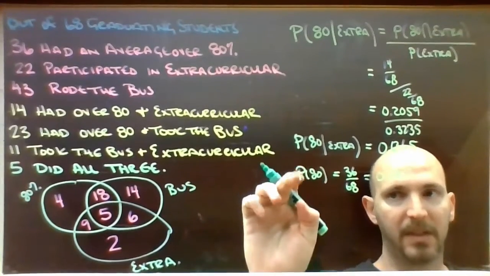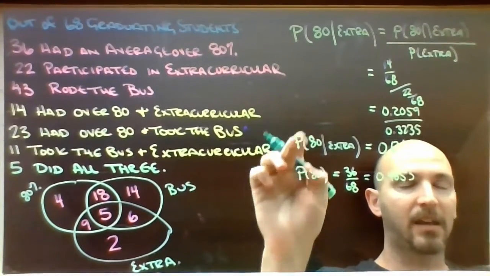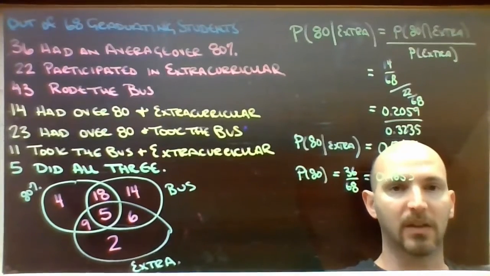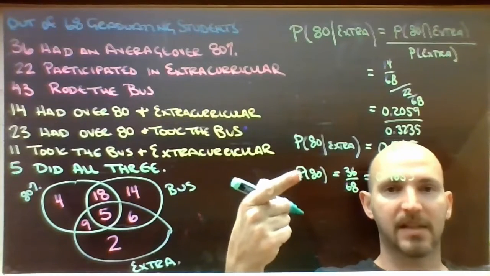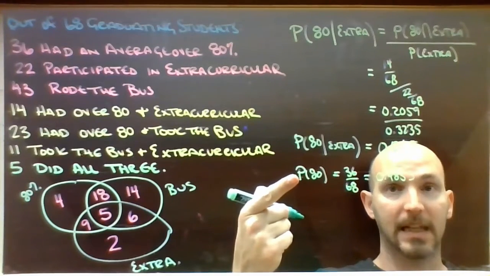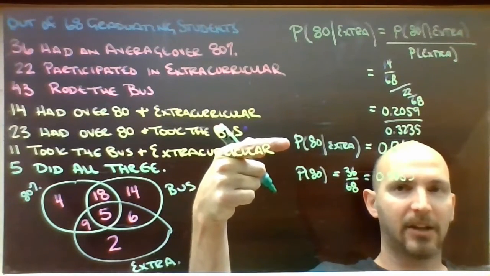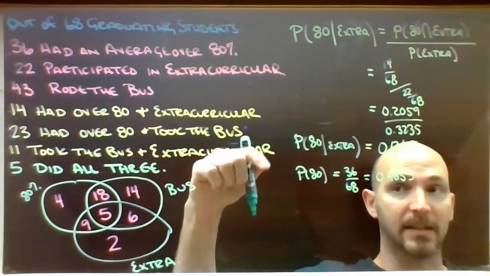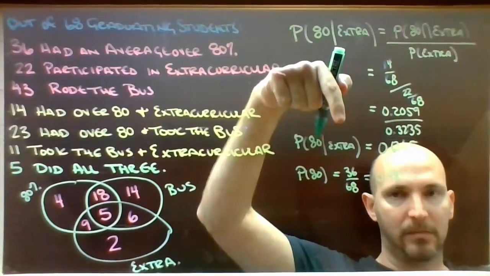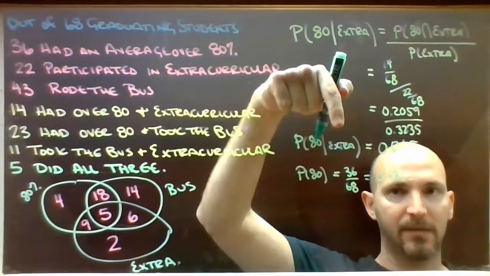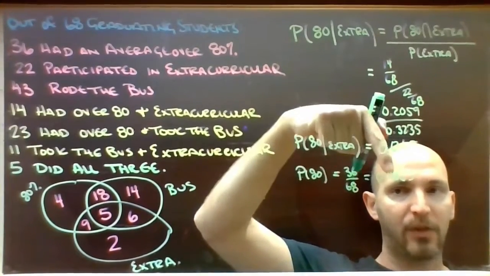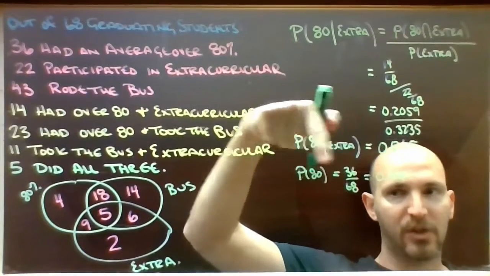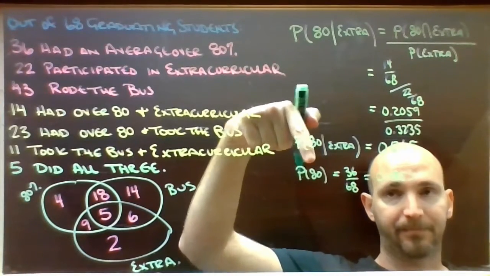So the probability of getting an 80, given that you were in extracurriculars, is higher than if you had just checked the probability of getting an 80. So that's that thing there again, showing that it's overrepresented. If you were in extracurricular activities, you are more likely to have gotten an 80 than if you didn't, or if we just take the general population.